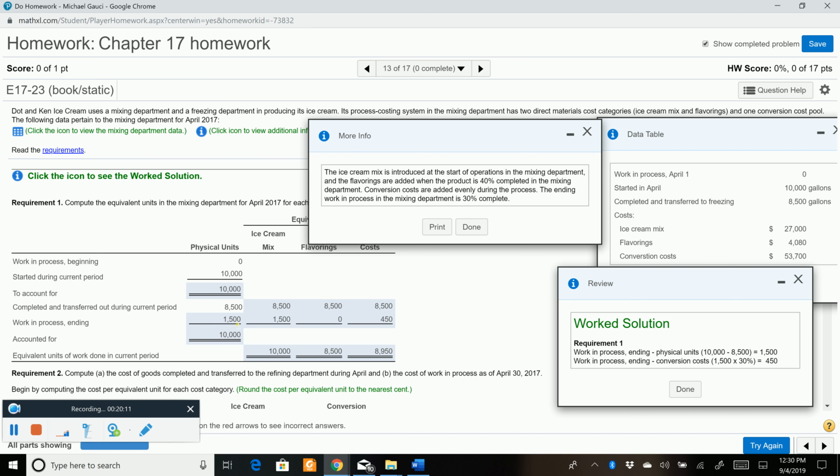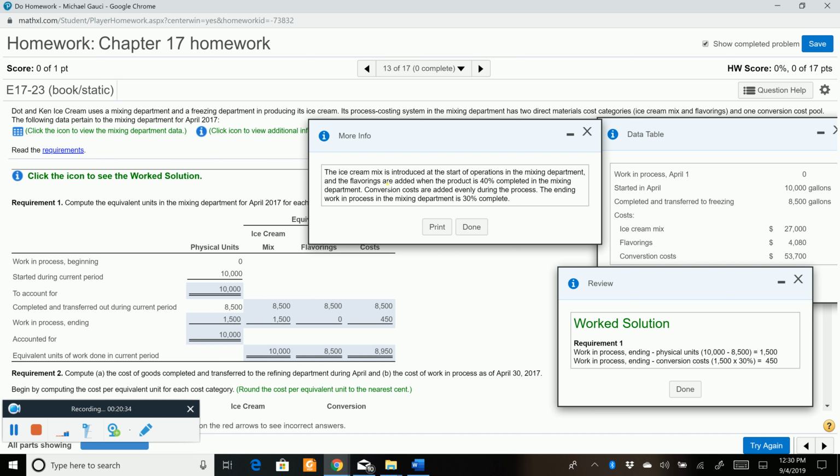However, our ending WIP of 1,500 units, we said that mix is introduced at the beginning, so they're 100% complete for mix. So if we take 1,500 units times 100%, that will give us our equivalent units for the mixing. The flavoring, it hasn't been done yet.